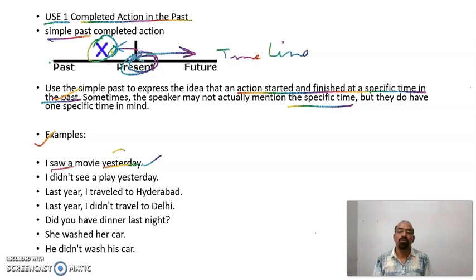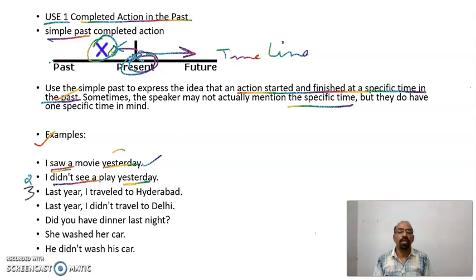So we used the past simple form of the verb: saw. I saw a movie yesterday. Second sentence. I didn't see a play yesterday. Here also there is an indication of past. So, didn't see.